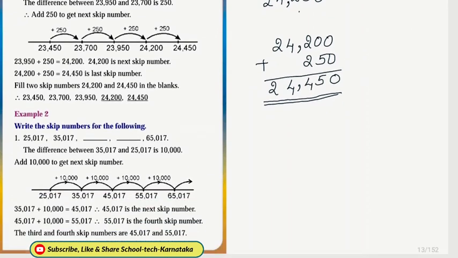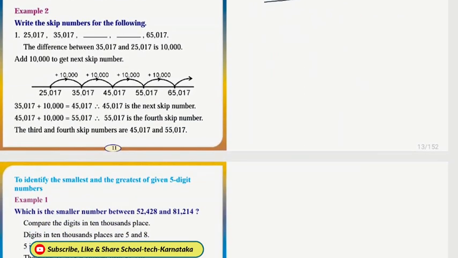In our next example, we have only the first two numbers and they have given us the last number. So in this case, we also repeat the same procedure as we have done above. What we do first is find the difference between these two numbers.